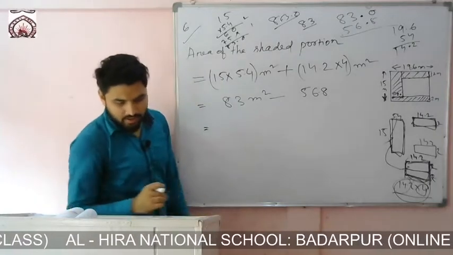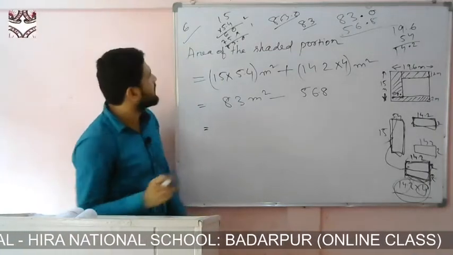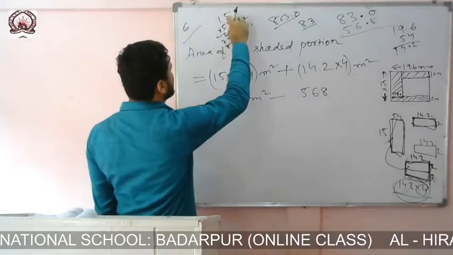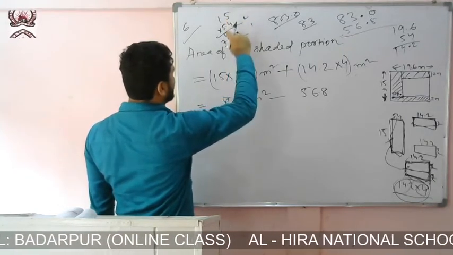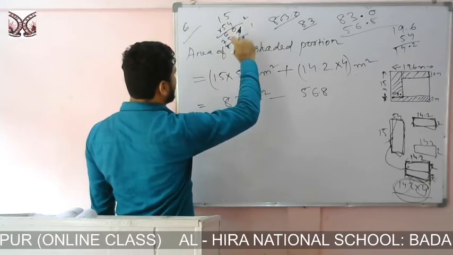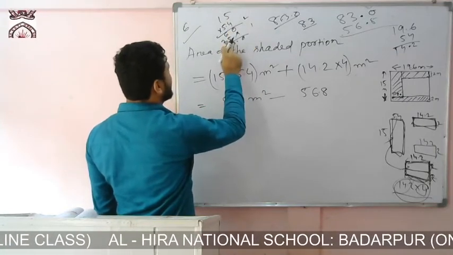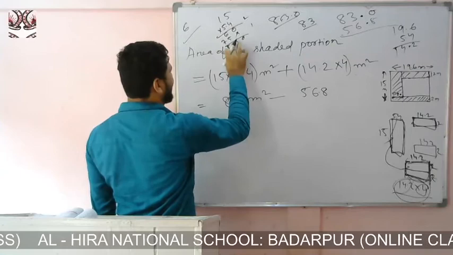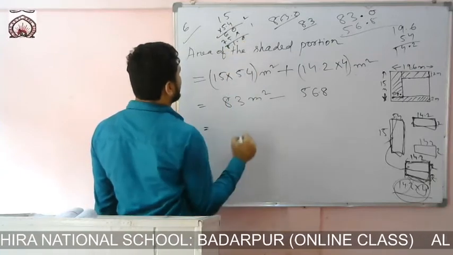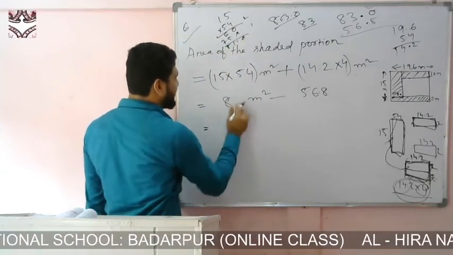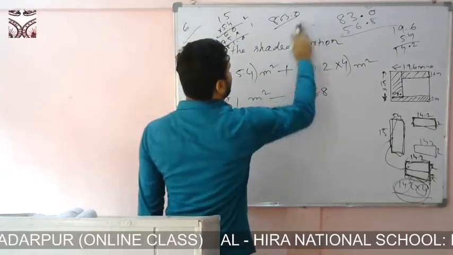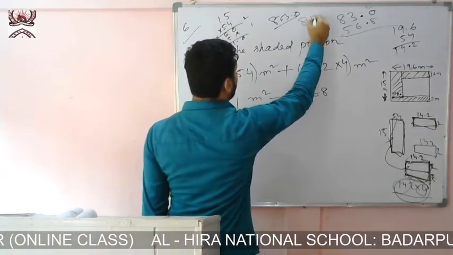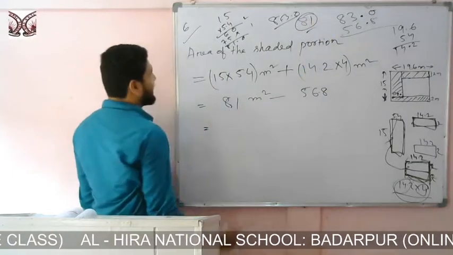15 into 5.4. Let us check. 5 twos are 10. Yes, 6 plus 5 is 11. Here will be 11. I have written 3, so you please correct it. It will be 81.